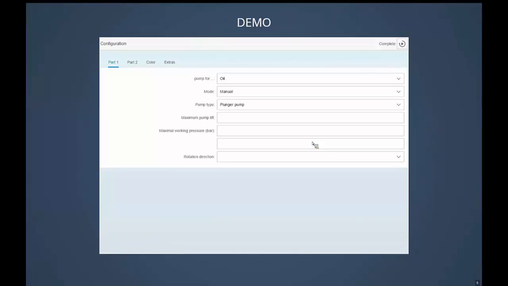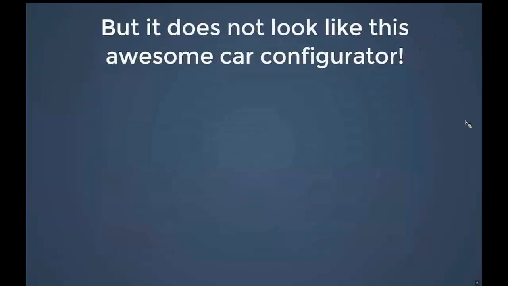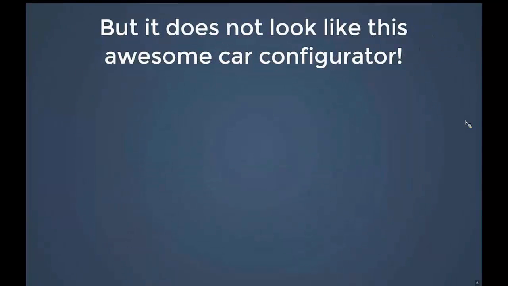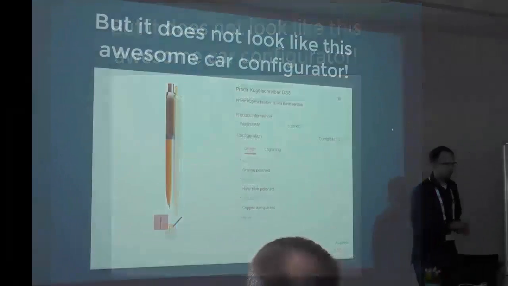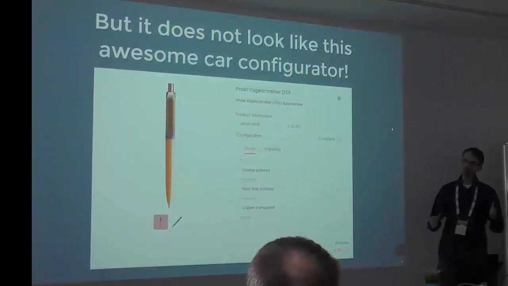But there's always this one person among the customers who tells you, but this doesn't look like my Mercedes configurator. I want to have images and cool features and something like this. And so we went a little bit further and implemented something that's a little bit smaller than a car.